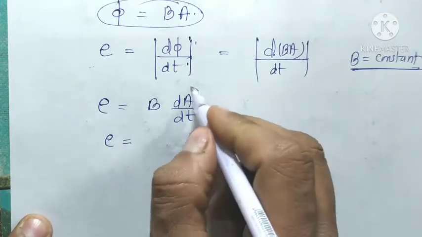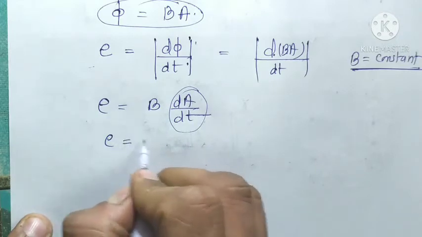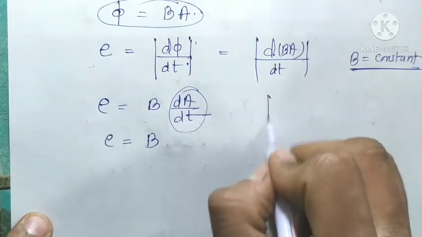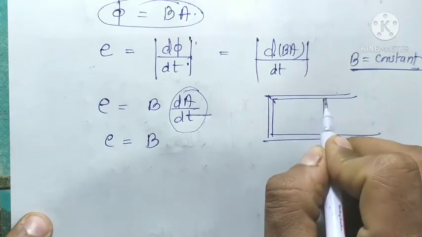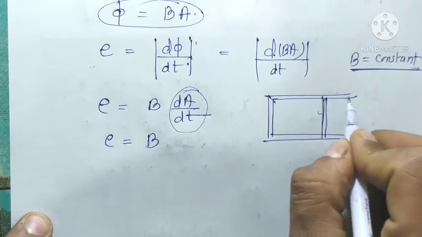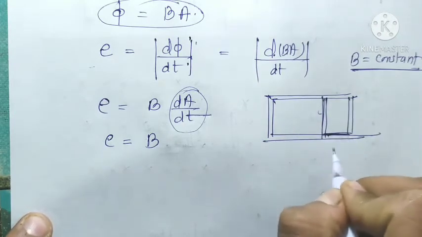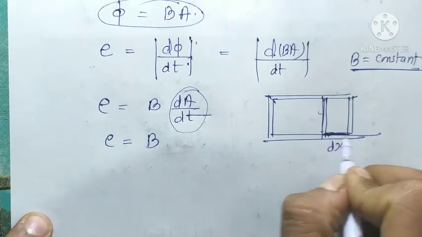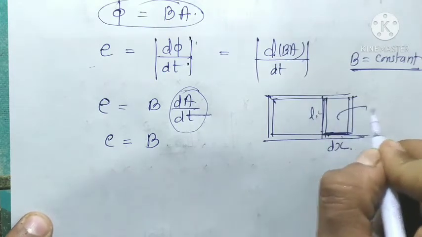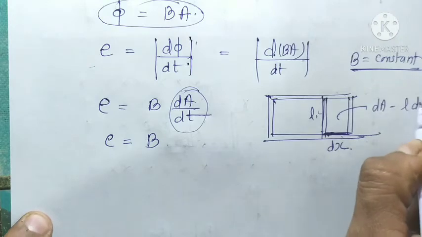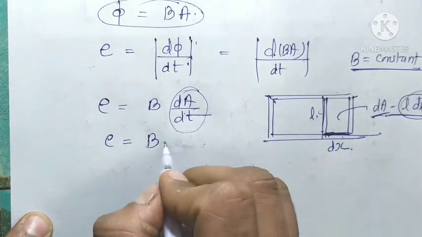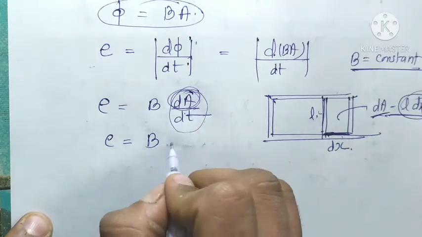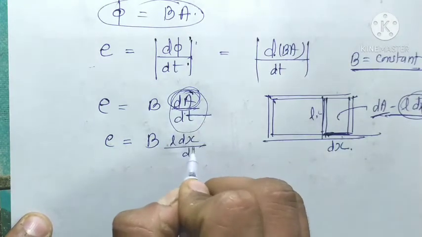Here is the change in area with respect to time. This is our loop, I mean the conductor, and this rod is movable, and it covers a very small distance in a very small interval of time, that is dx, and its length is L. So the change in area is L dx. We put dA is equal to L dx, so dA upon dt is L dx upon dt.